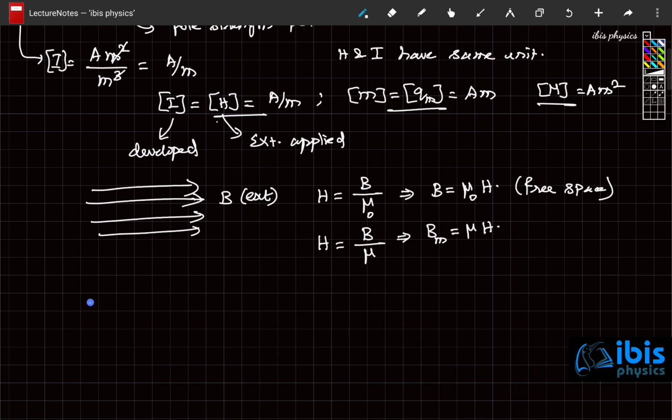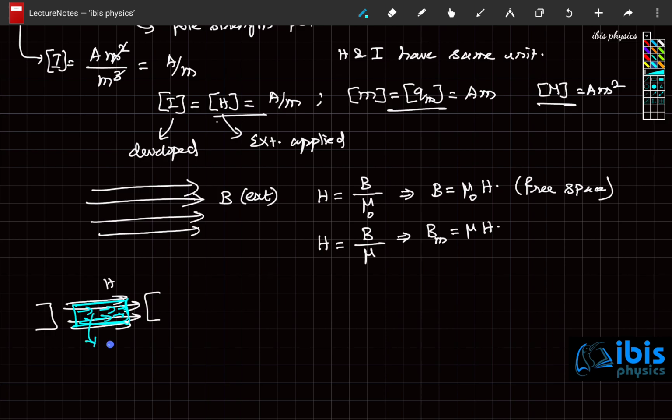Let us say there is a magnetic material here and you are applying H in this region. When you introduce a material, because of the magnetizing field H, magnetic moments are developed in this material.